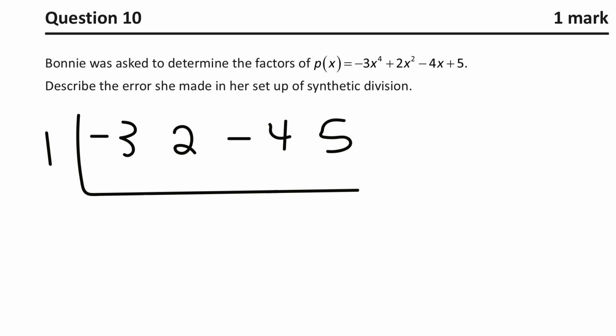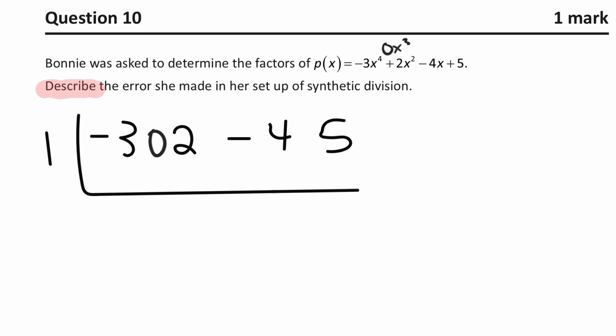Question 10. Bonnie was asked to determine the factors of p of x. Describe the error she made in her setup of synthetic division. So again, we see that word describe. So we're going to need words. What did Bonnie do wrong? Well, if we notice here, there's a missing 0x cubed. And so there definitely should be a 0 right here.